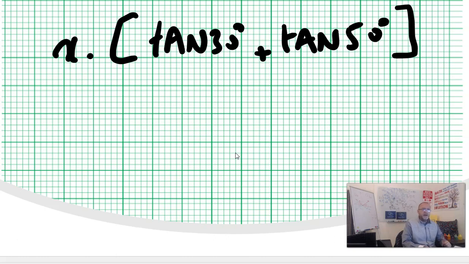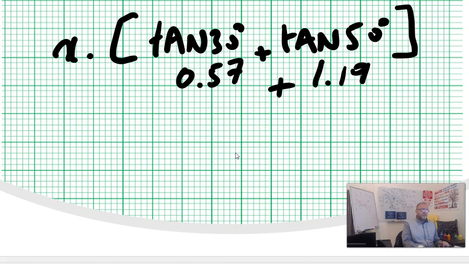You will get to know that if you keep practicing. And you can go to your scientific calculator and you can get 1.19 as a ratio for the tangent of 50. Okay, so now you have x times, what's 1.19 plus 0.57? It is 1.76.